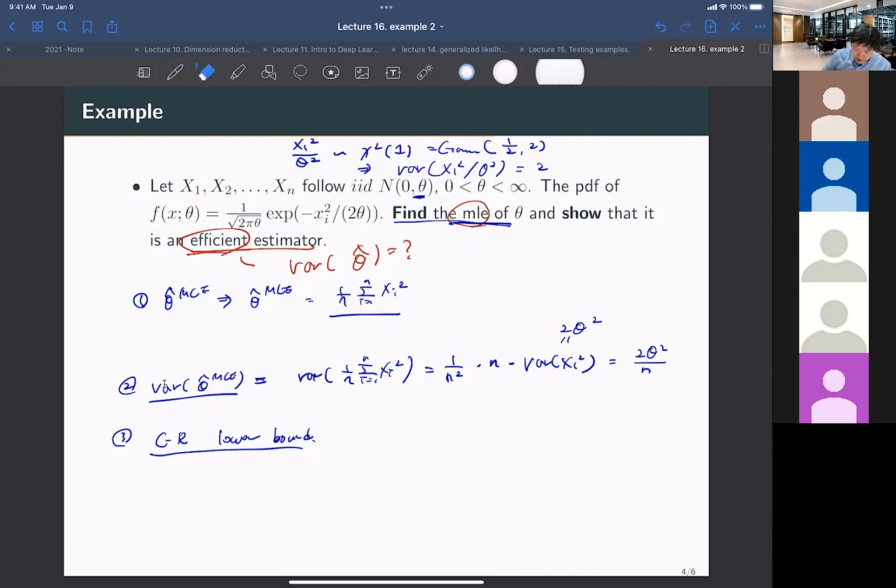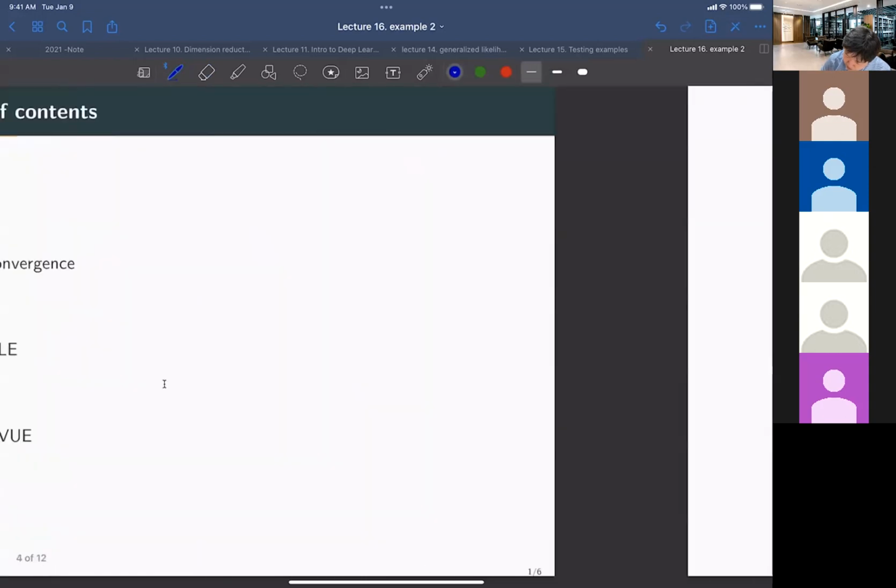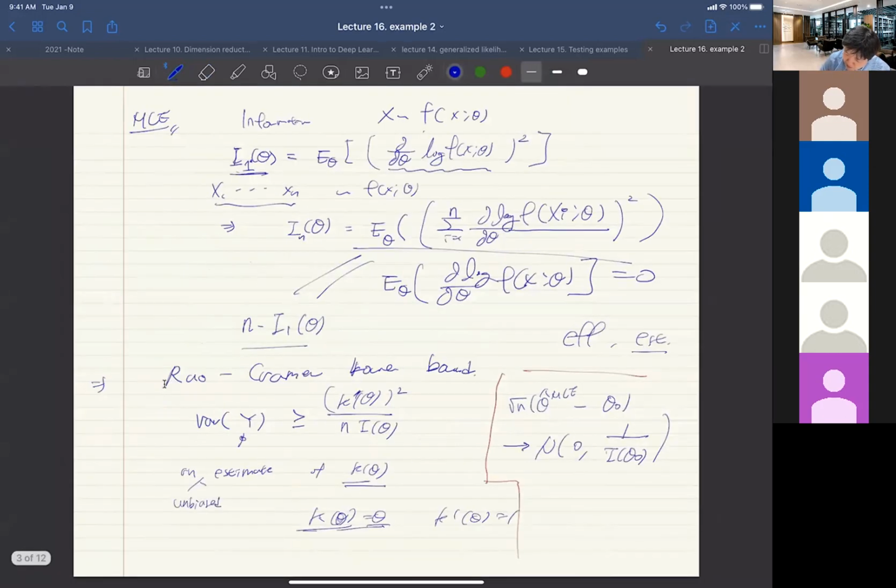And next, let's check the CR lower bound, the Cramer-Rao lower bound. To do that, we first find I of theta, the information, which is the expected value of this.